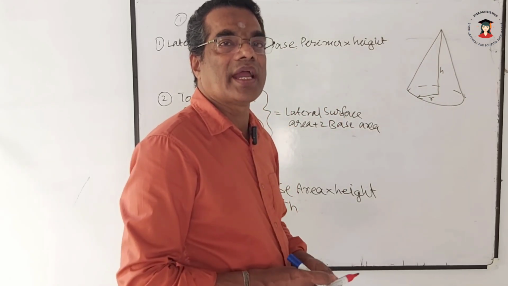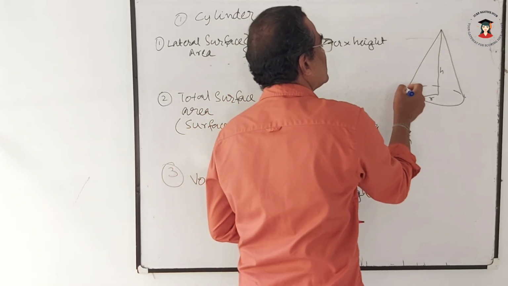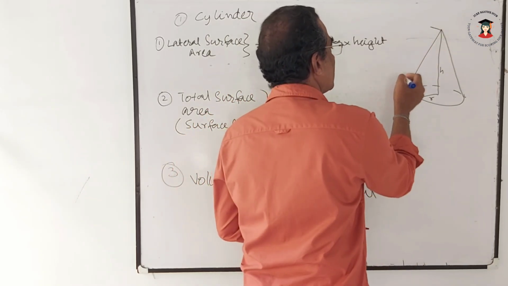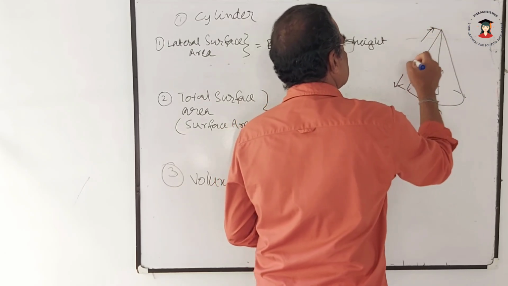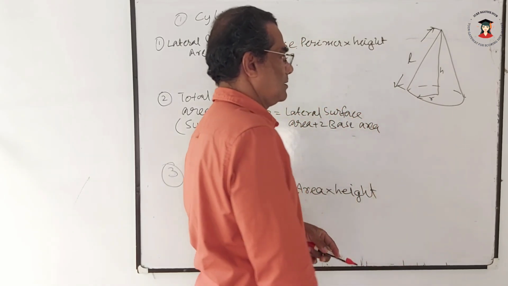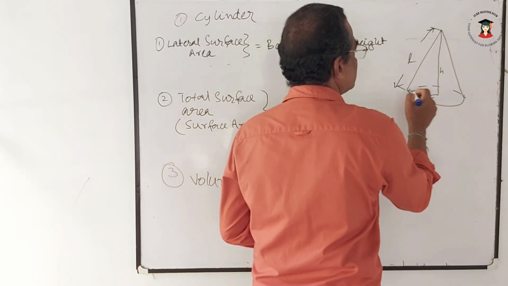If only height is mentioned, then you need to consider this height. And there is another height along the surface. That height is called slant height. Let us take it as L.